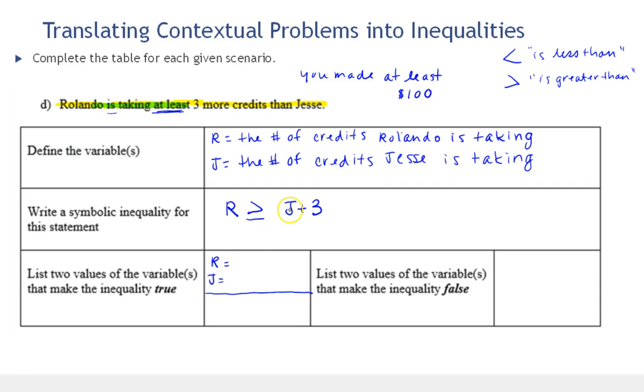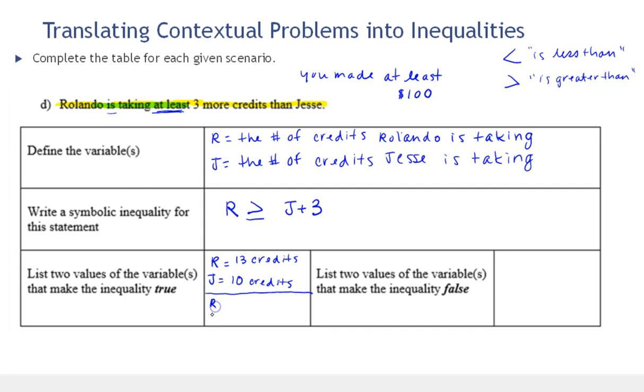Okay. I'm going to pick a value for Jesse now, and then pick a value for Rolando that's bigger than this side. So we use kind of the other direction on the last problem. So if I say that Jesse is taking 10 credits, then Rolando must be greater than or equal to 10 plus 3. So let's make it equal. So he's taking at least 3 more credits than Jesse, and in this case, it's exactly 3 more credits.